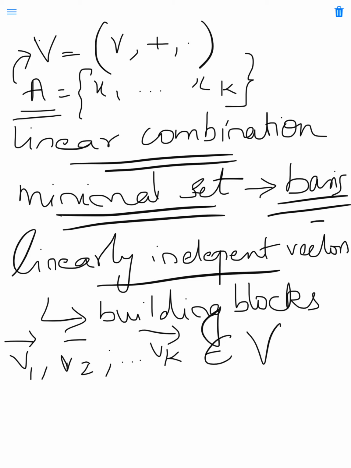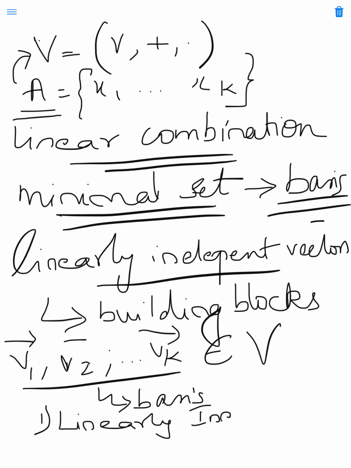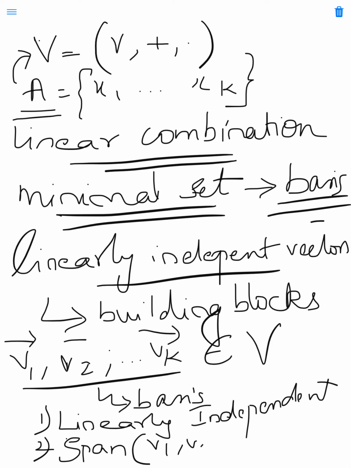Those vectors belong to V, and these will be termed the basis if these vectors are linearly independent and the vectors span the vector space V. Which means the span of those vectors v1 up to vk will be equal to capital V. That is, they belong to the vector space V. Okay, so this is the condition you need to check for the vectors to be the basis.